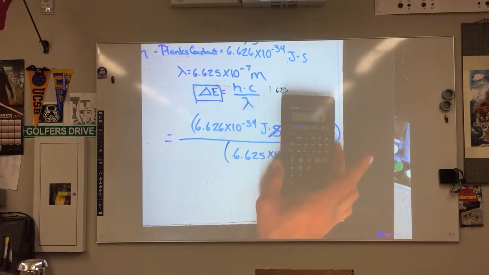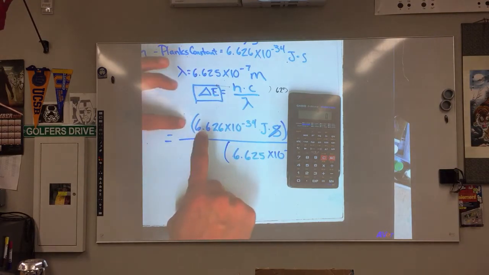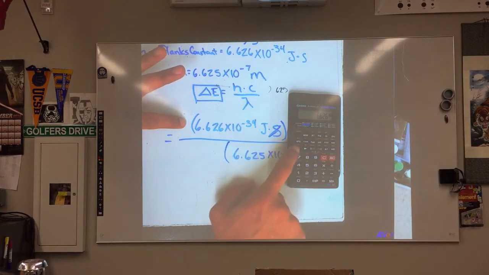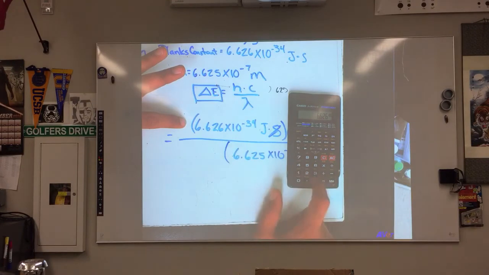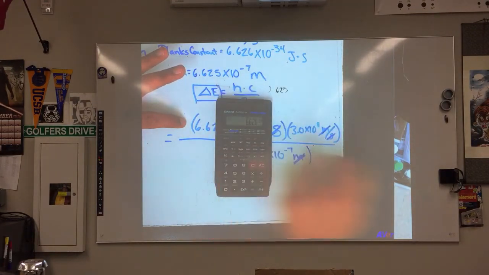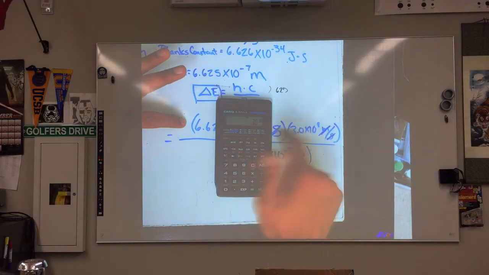Let's crunch some numbers. First number to put in is 6.626. We're not going to put times 10, we're going to hit EXP. We're going to hit the negative key because it switches positives to negative, and then we're going to hit 34. This is done. We're going next to the speed of light, so we're going to say times 3.0 EXP 8.